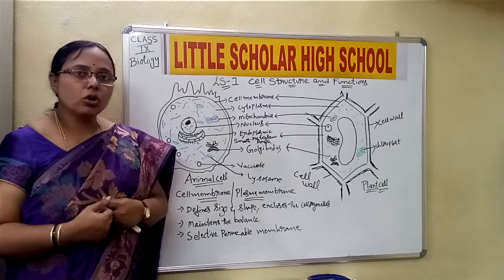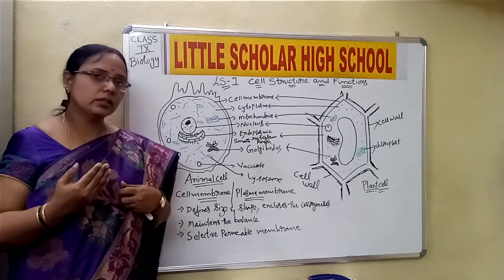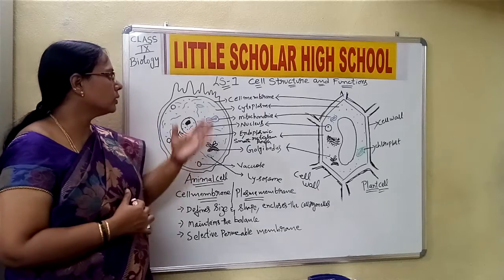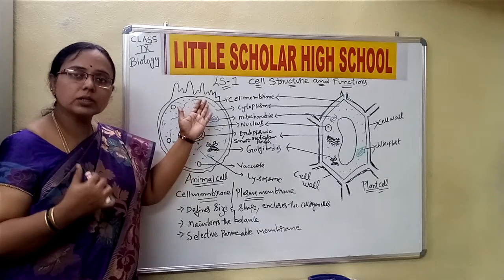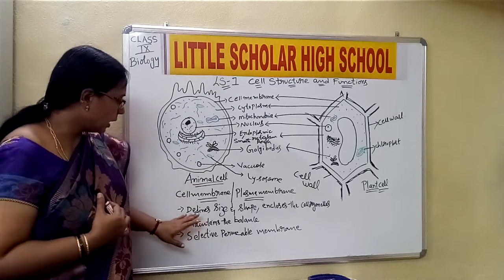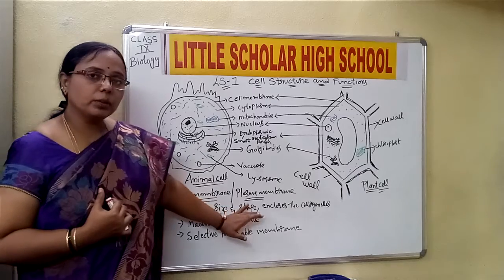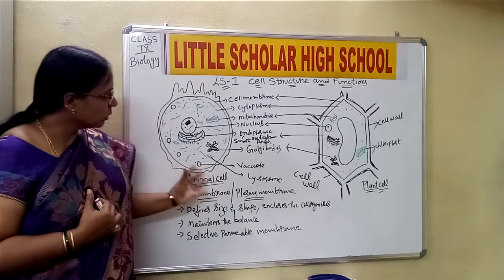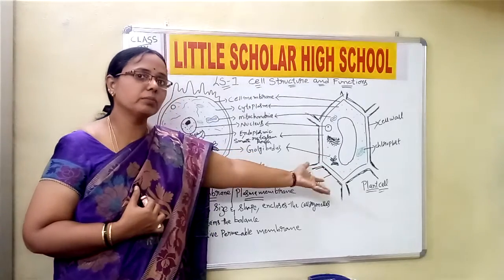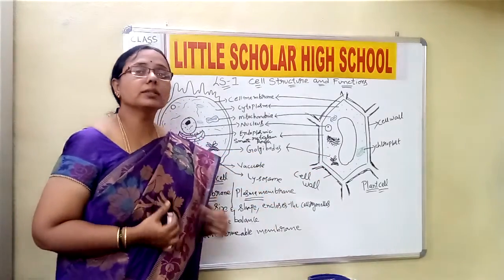Okay, and when we talk about the shape, they are different, like spherical, oval, elongated, and all. Now this particular shape is coming because of the cell membrane only. So we can say that cell membrane defines the size and shape of the cell. Why is the cell looking in this particular shape? It is because of the cell membrane itself, and it encloses all the cell organelles.